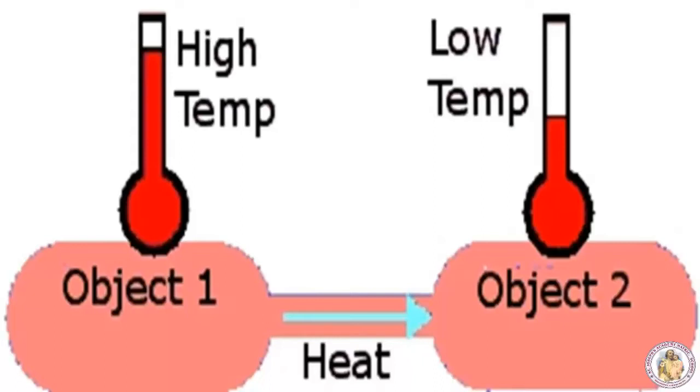Thus, thermal energy is a form of energy which is transferred between any two bodies due to the difference in their temperatures. So, thermal energy is also known as heat energy, or simply we can say heat.